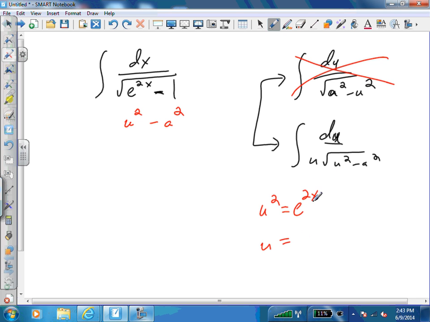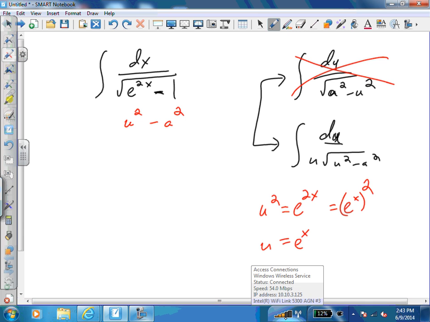Now that would be the derivative, but if we're talking about u squared, we discussed the other day that if I have a power raised to a power, how do I combine those? Multiply. So if I have things multiplied, I could write that as a power to a power. So if u squared is that, then what would u be? E to the x.